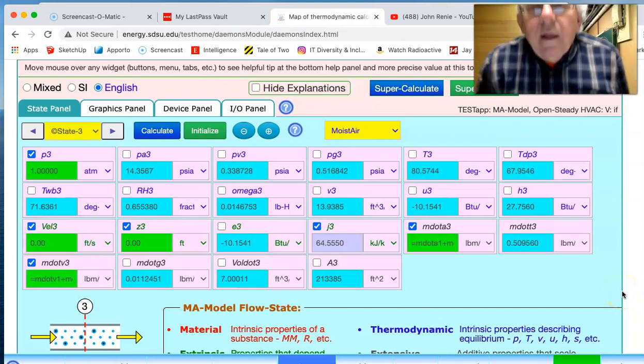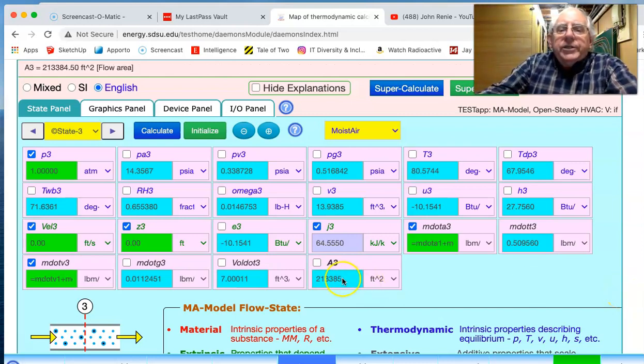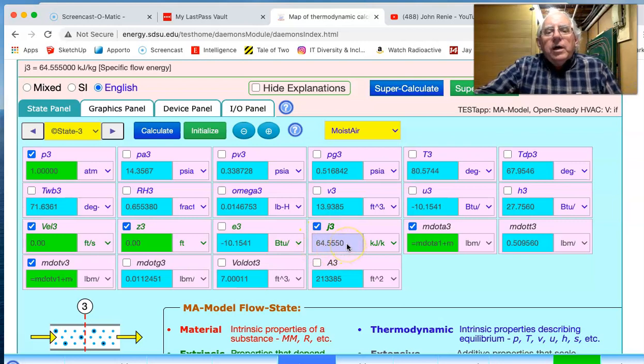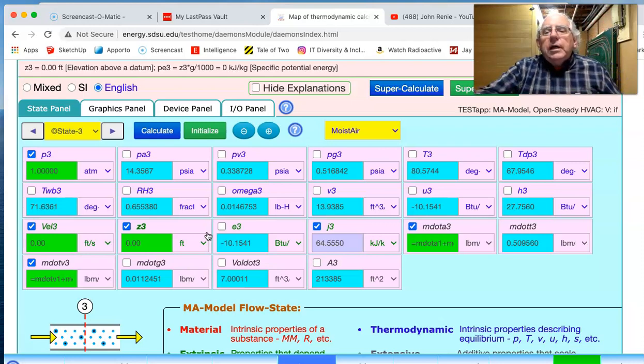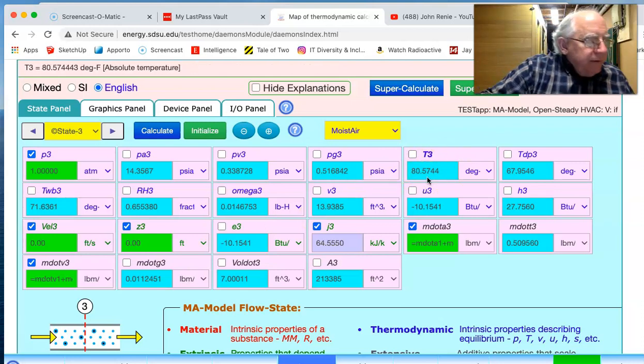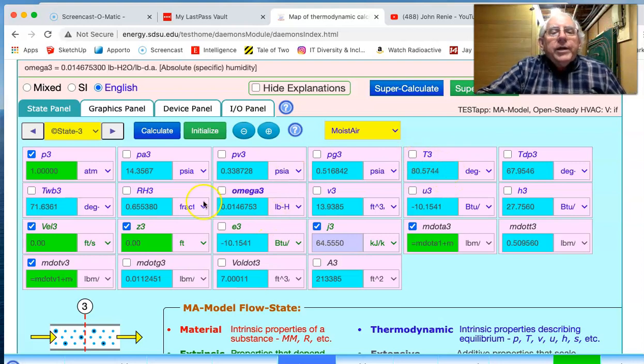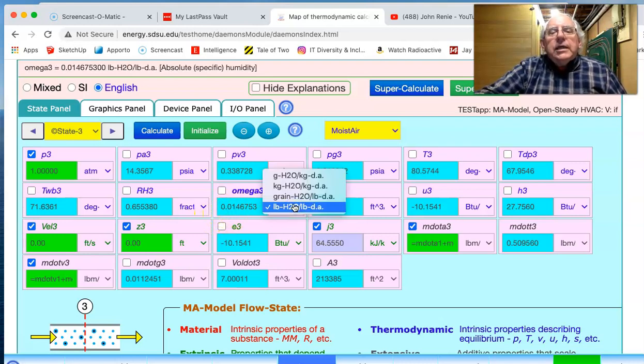we see then that it performed the calculation as to the energy flow being conserved, and it was then able to determine that the output condition or the mixing condition has a temperature that's equal to 80.57 and a humidity ratio omega of 0.0146, usually seen in terms of grains or however you want to observe it.